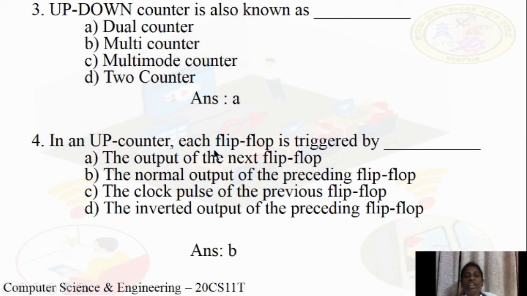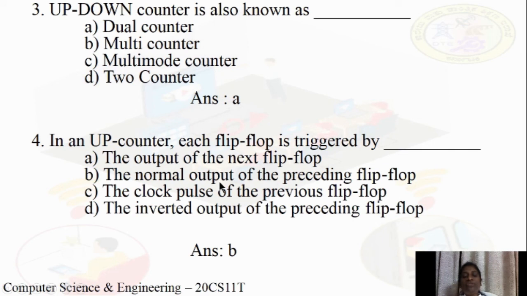Next question: in an up counter, each flip-flop is triggered by dash. The options are the output of the next flip-flop, the normal output of the preceding flip-flop, the clock pulse of the previous flip-flop, or the inverted output of the preceding flip-flop.